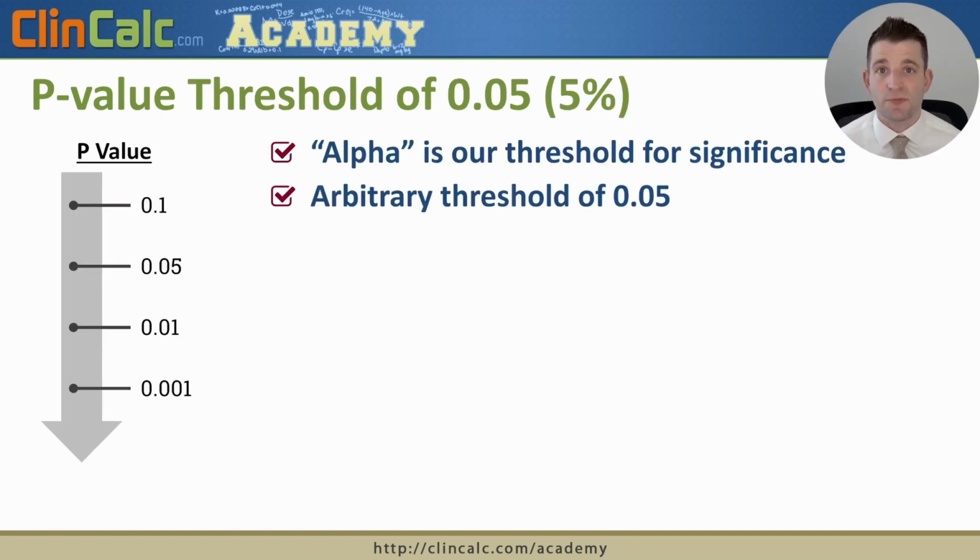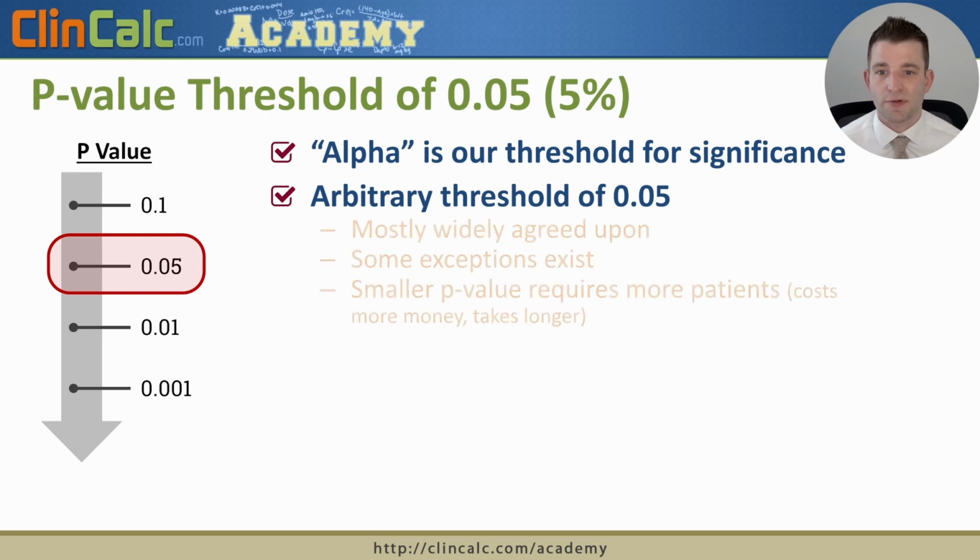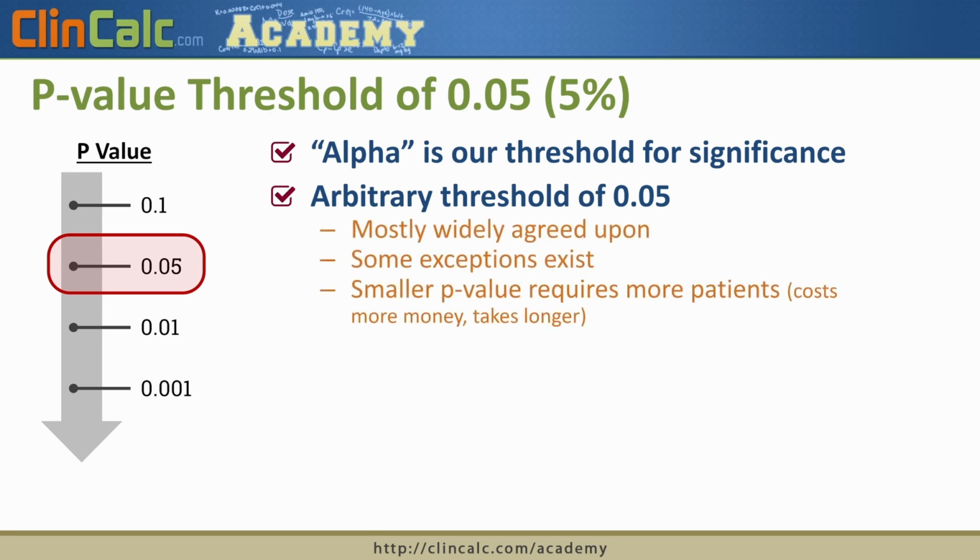So in clinical trials, we have an alpha threshold of 0.05 or 5%, and that refers to the threshold at which we consider something to be statistically significant or not. This is somewhat arbitrary, but it is widely agreed upon.